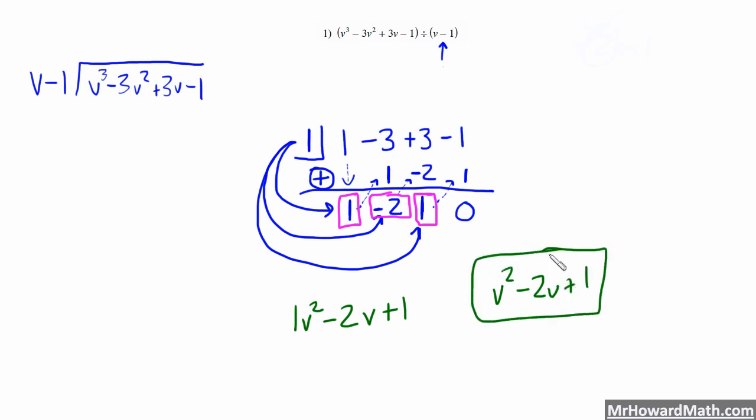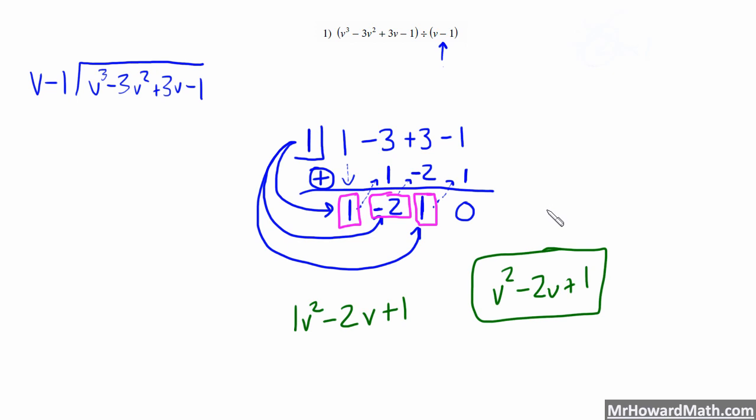That is the same thing that we got in video 1, and that is the answer. So v cubed minus 3v squared plus 3v minus 1 divided by v minus 1 is equal to this, which means v minus 1 times all of this would equal v cubed minus 3v squared plus 3v minus 1, because multiplication and division are opposite operations.